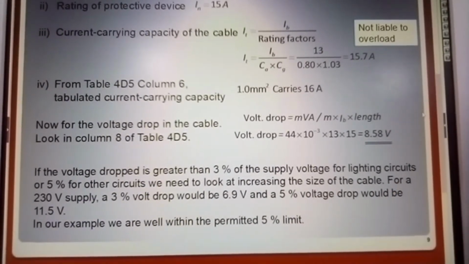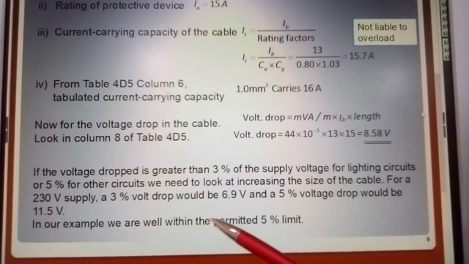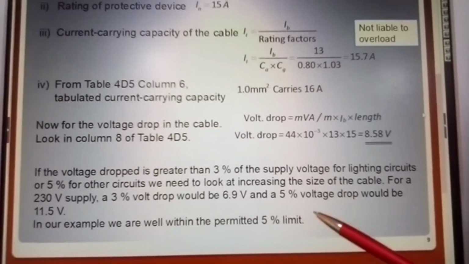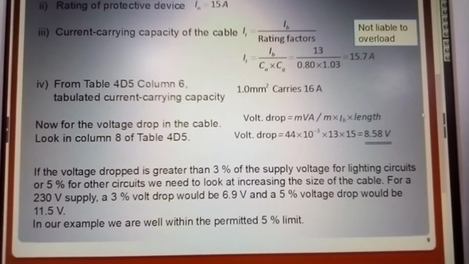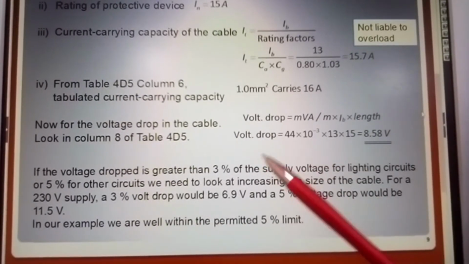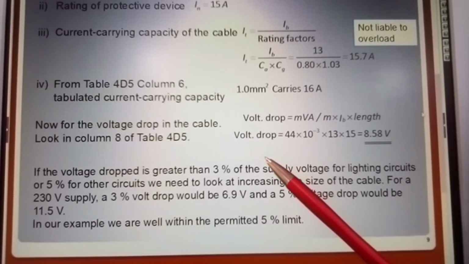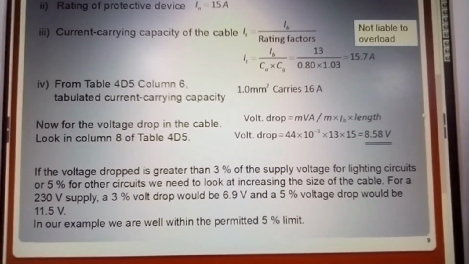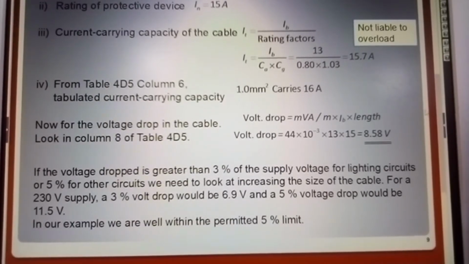For a 230 volt supply, a 3% voltage drop would be 6.9 volts. And a 5% voltage drop would be 11.5 volts. Now for me, in this case, I would be using 1.5 mil. Okay, that would ensure that we are well within our 3% at least voltage drop.